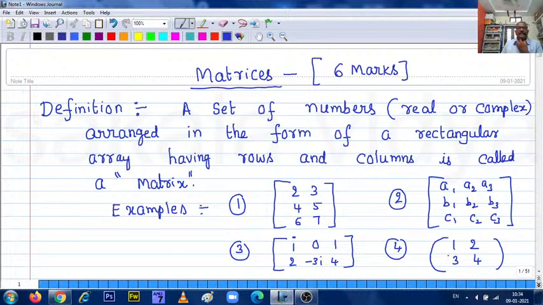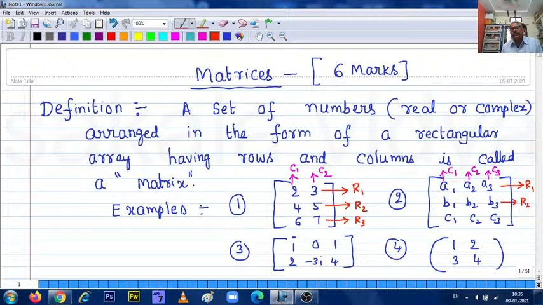So that means you see here in this case, this is called the first row, row 1. This is the second row. This is the third row. Now this is the first column, column number 1. This is column number 2. Here we have column number 1, column number 2, column number 3.